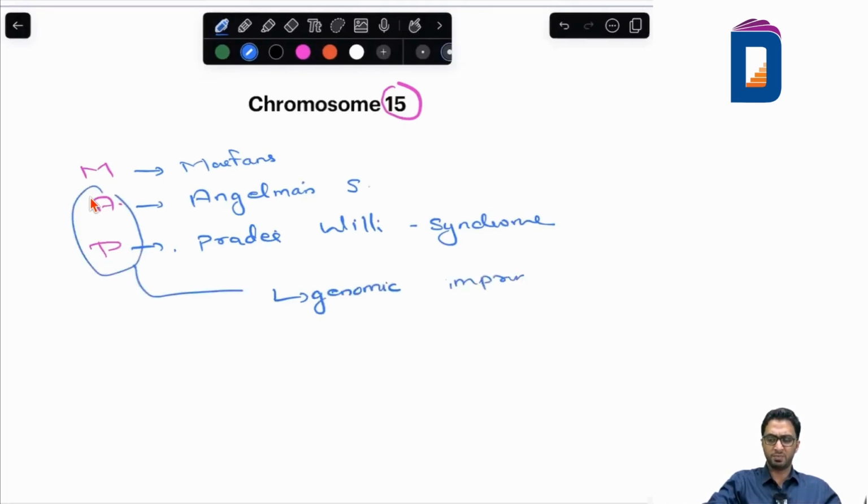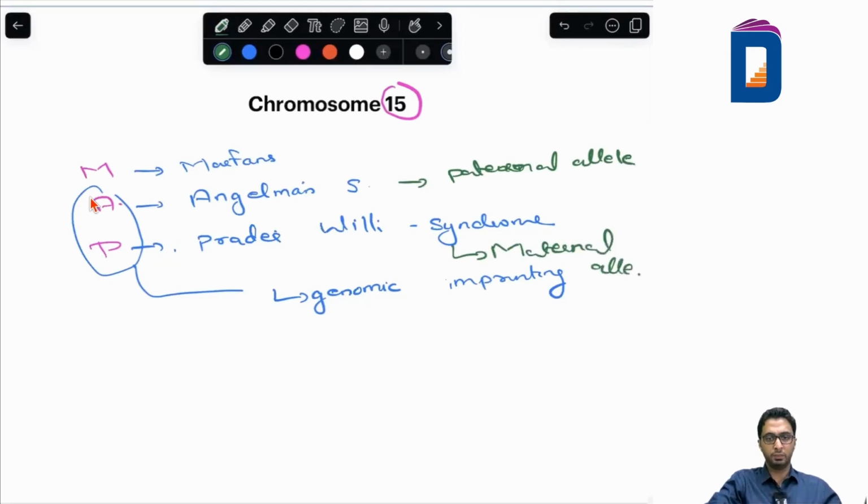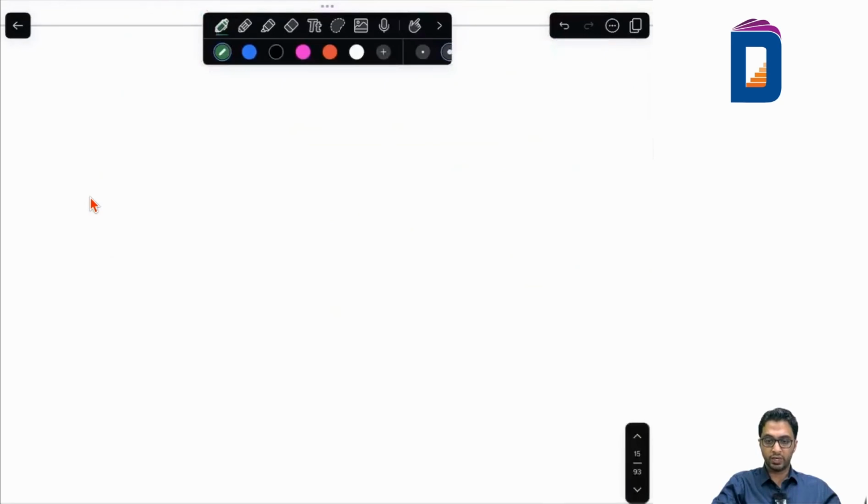What happens here is that the paternal allele gets deleted, and there the mother's allele gets deleted. So both of them will have a different symptom. That's called genomic imprinting on the 15th chromosome. All these are problems associated with the 15th chromosome. So just three diseases on the map: Marfan's, Angelman, Prader-Willi. Okay, let's go to the next part.